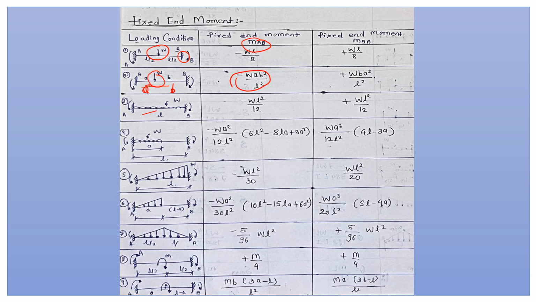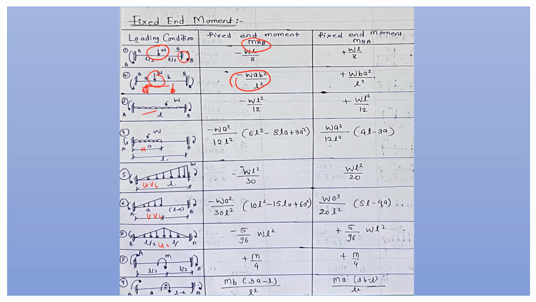Fourth condition, subjected to UDL but over span A. Then next condition, subjected to UVL over the whole span. Then next, subjected to UVL up to span A. Then the seventh condition, UVL on the whole span in a triangular condition.